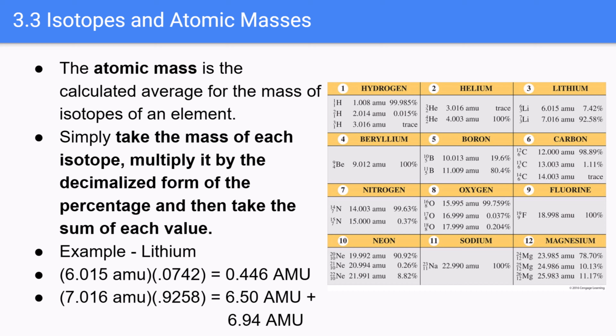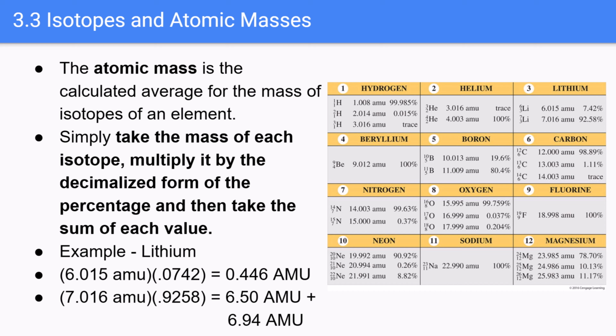I take each individual weight and I multiply it by the percentage. Now remember that percentages in decimalized form have been divided by 100. So notice I'm not taking 6.015 AMU and multiplying it by 7.42, but rather I'm multiplying it by 0.0742. You divide that percentage by 100 to get the decimalized form of the percentage. I do the same thing for the second isotope.